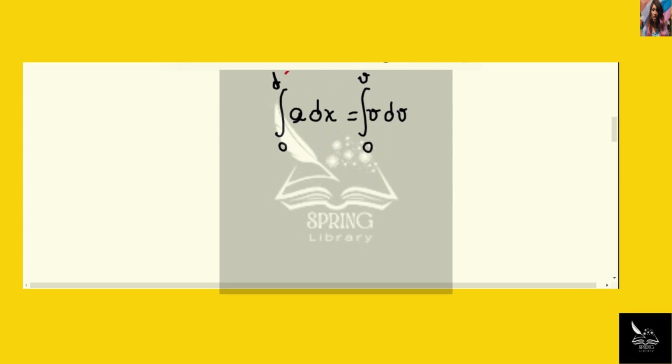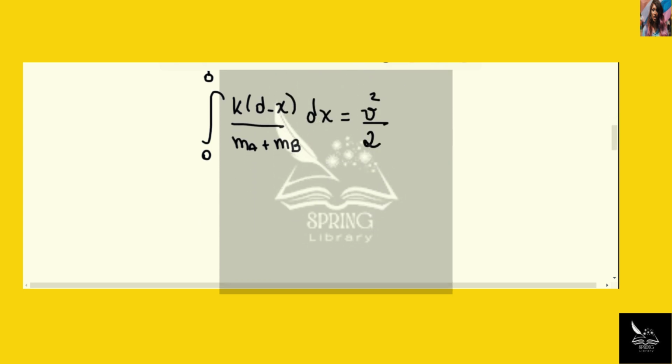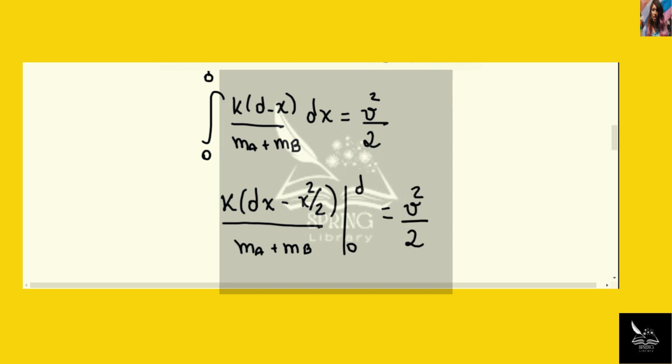Okay. So the acceleration is K times D minus X divided by MA plus MB, dx, and this is v squared over 2. So we can solve. We have K times D times X minus X squared over 2 divided by MA plus MB from 0 to D, and this is v squared over 2.